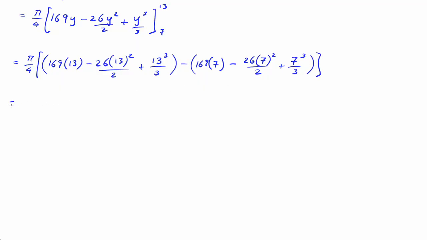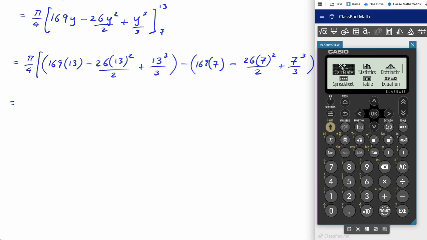Okay, this one, guys, I'm sorry, I'm using my calculator. This is too much. Okay, let's go. We'll do pi over 4. I hope this is going to be right. Pi over 4, brackets again, 169 times 13 minus 26 over 2 is 13, guys. So that's actually 13 cubed.